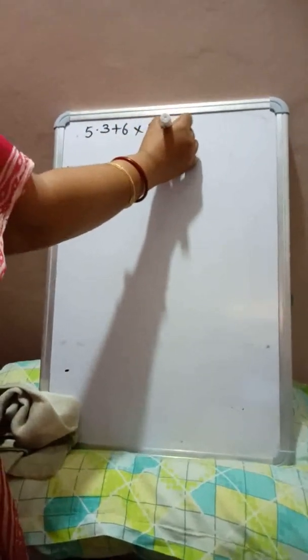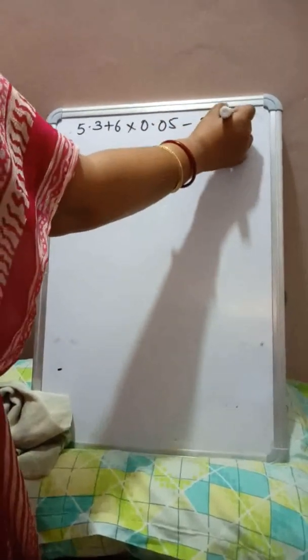One more question, as maybe a doubt will arise. Question D is 5.3 plus 6 into 0.05 minus 2.1.